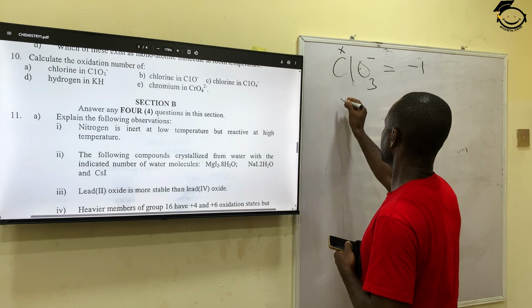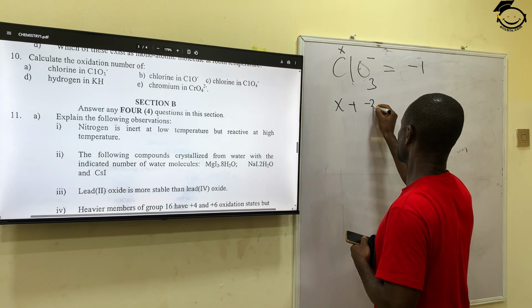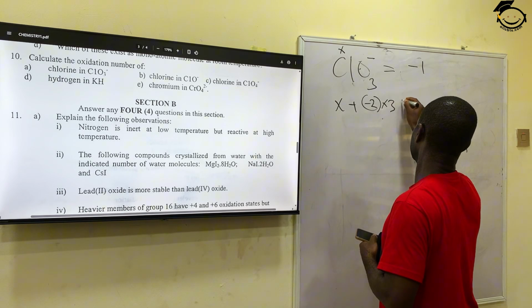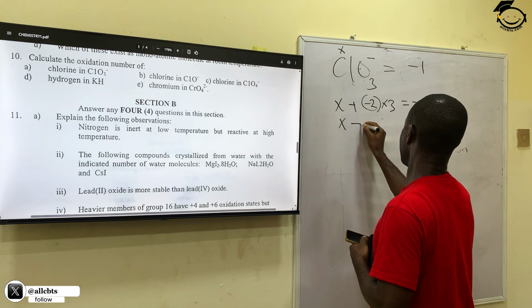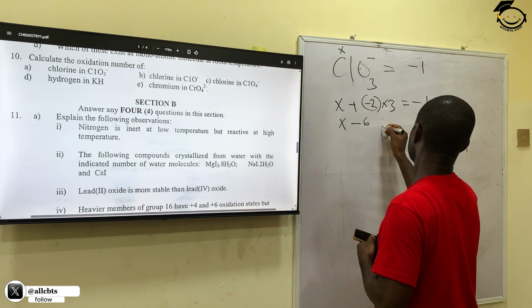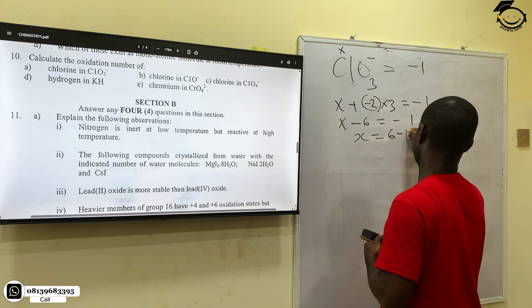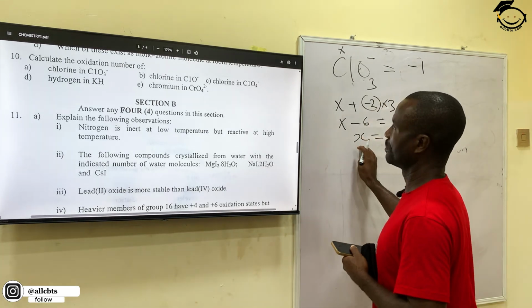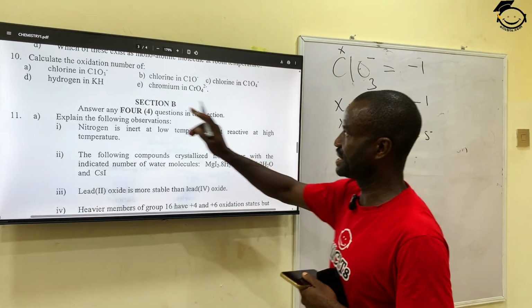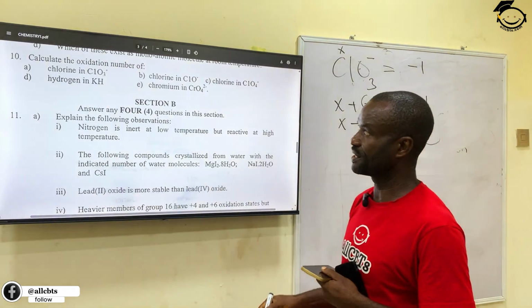So X plus the oxidation number of oxygen, minus 2 times 3, equals minus 1. So X minus 6 equals minus 1. Therefore, X is 6 minus 1, which is 5. So the oxidation number of chlorine in ClO3 minus is 5. That's why it is called chlorate 5.